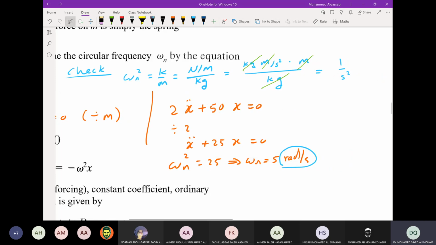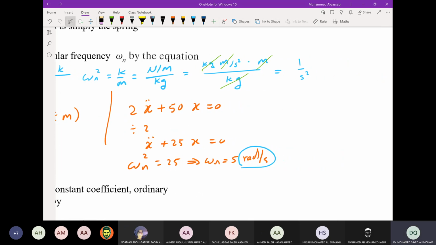And when you take the square root, the unit of omega n is radian per second. You might wonder that there is no radian shown here in the 1 over s squared, because radian is not a unit. They can add it this way, radian per second. The unit of omega n is radian per second, which is called circular frequency.